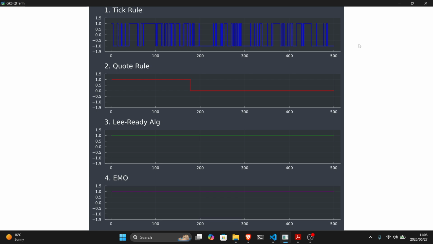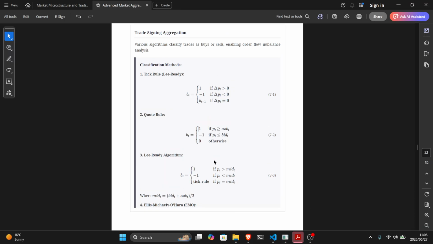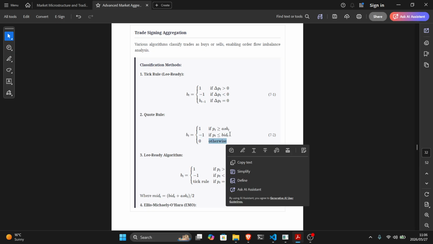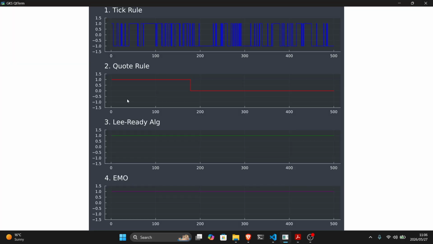The quote rule essentially was at 1 up until the, I'll say, 150th index, and then it dropped to 0, and then it stayed at 0 up until the 500th index. And if you look at the quote rule definition, you will see that it becomes 0 otherwise, meaning that these two above conditions were not met, right? And that's why you see that it stays at 1 and then it just drops to 0 and just stays at 0. Lee-Ready algorithm didn't really pick up on anything, stayed at 1. EMO didn't pick up on much, stayed at 1.